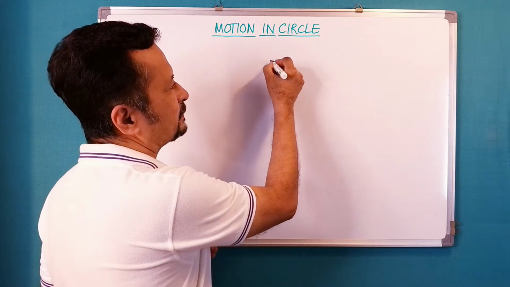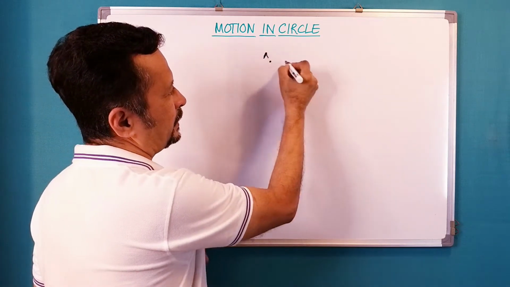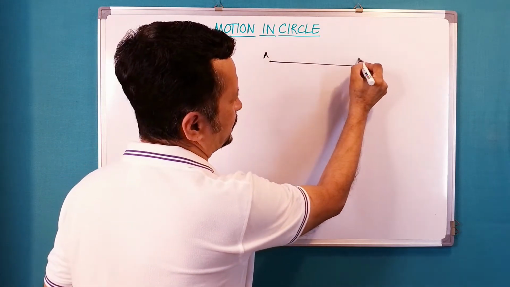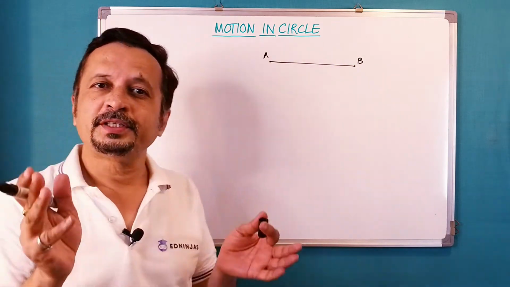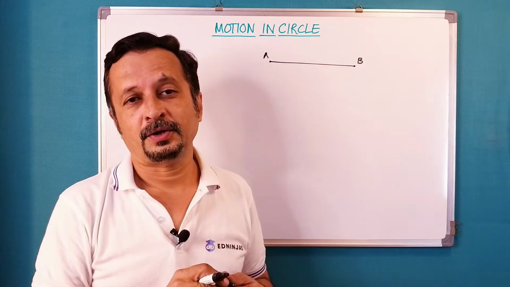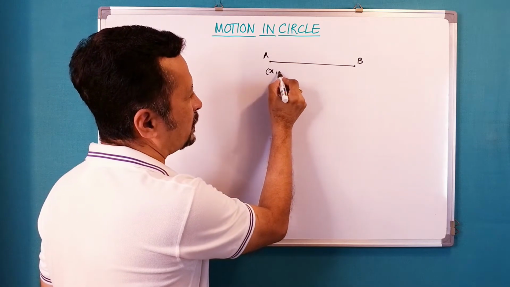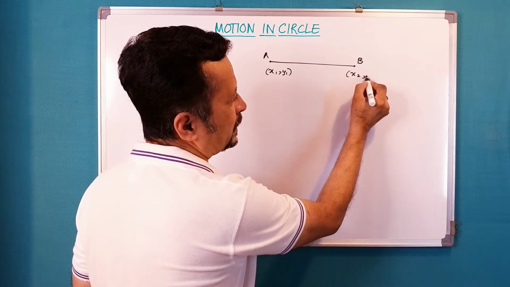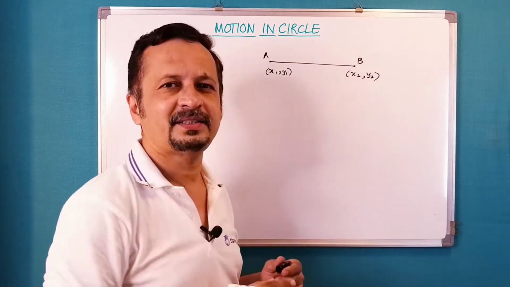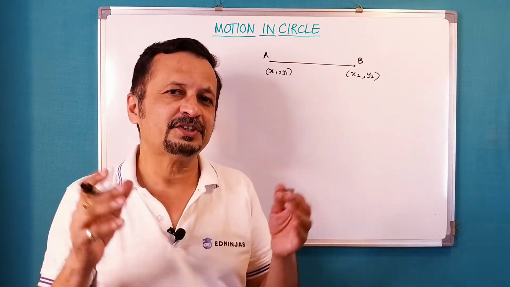An object at point A moves to point B. The coordinates of that object change. Initially it was at x1, y1 and now it is at x2, y2. There is some linear displacement or change in position.